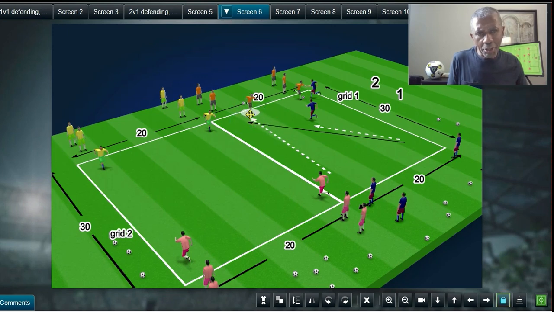Okay, and as he moves, this covering defender here, he has him in view, but the main focus here is where the ball is. So if he starts to move, he can just adjust his position a little bit here. That's it, but he's still covering. He's still having this. See, he's marking.